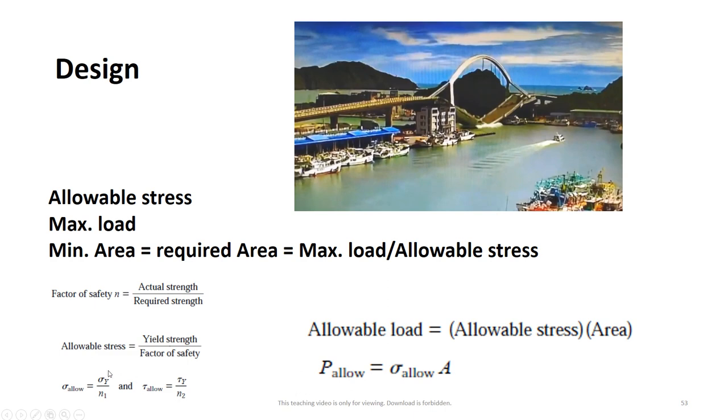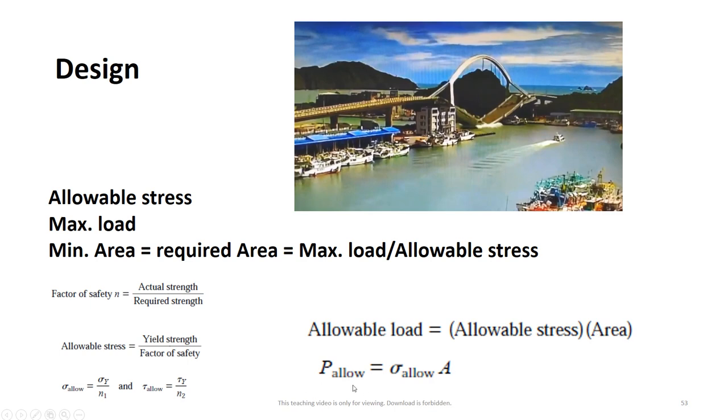Okay, when we talk about the allowable stress, what is the relationship with the maximum load? We also call it allowable load. From the equilibrium equation, the allowable load is allowable stress multiplied by area directly.